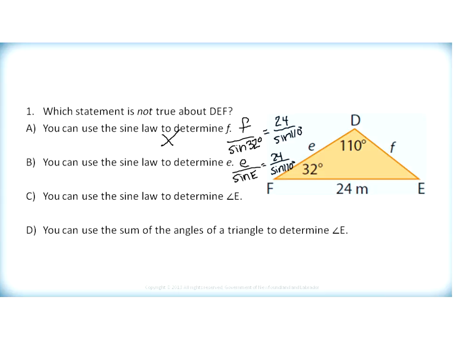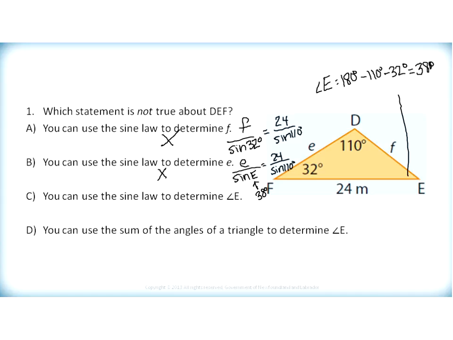So to find E, I can say that angle E is equal to 180 degrees minus 110 degrees minus 32 degrees, which gives me an angle measure of 38 degrees. So I can replace angle E here with 38 degrees, which means that I once again know three parts of my sine law, and I can use that to find the fourth. So I am going to be able to use the sine law to determine little e. So that's not going to work for the statement I have.